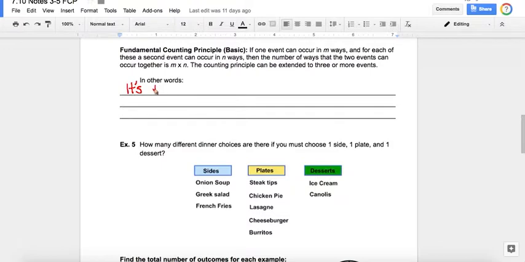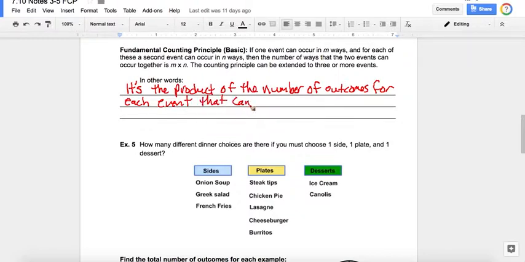It's the product of the number of outcomes for each event that can be chosen individually.